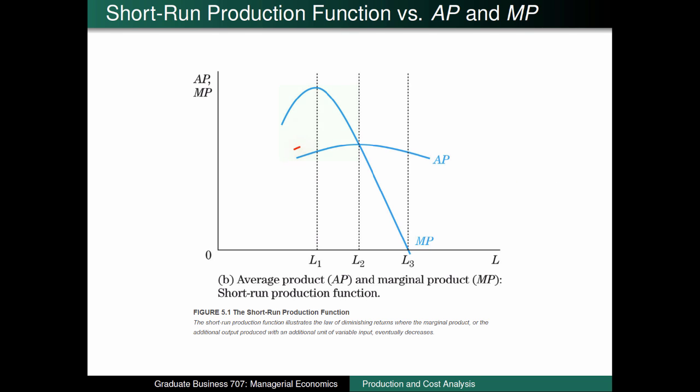Graphically, we can see that anytime the marginal product curve is above the average product curve, the average product curve is upward sloping. However, whenever the marginal product curve is below the average product curve, the average product curve is downward sloping. Therefore, the maximum point of the average product curve is where it intersects the marginal product curve.